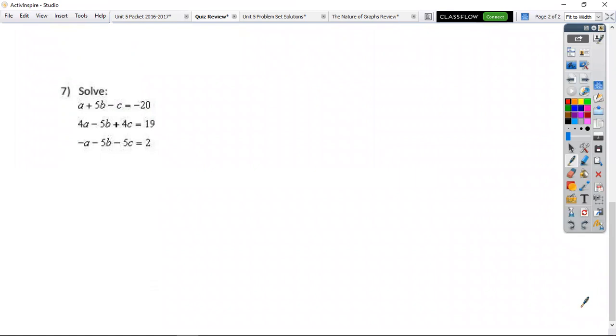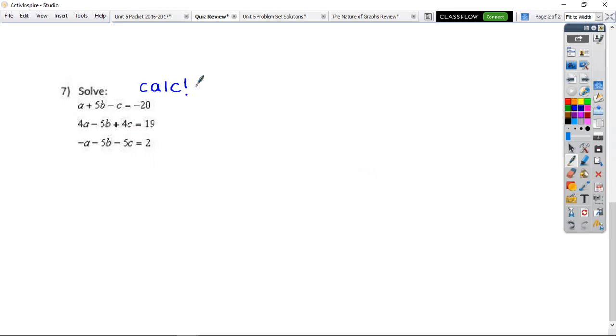Okay, so number 7 is a 3-variable system. First and foremost, before we even do any algebra, what should we do with this? Calculator. So let's go through how to type this into the matrix again, so that we can get our answers to know that we're in good shape as we progress through it.